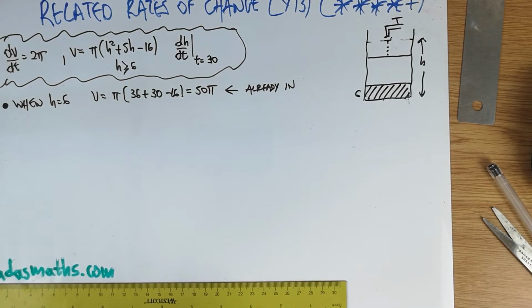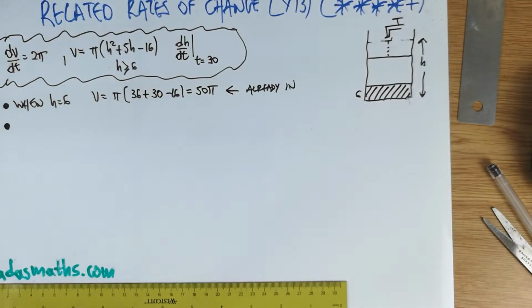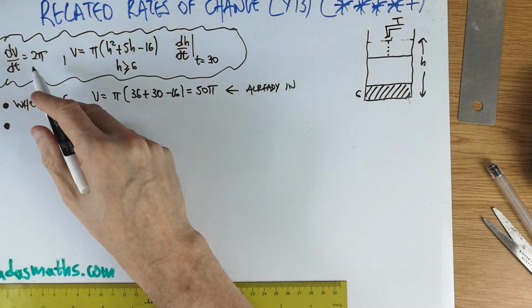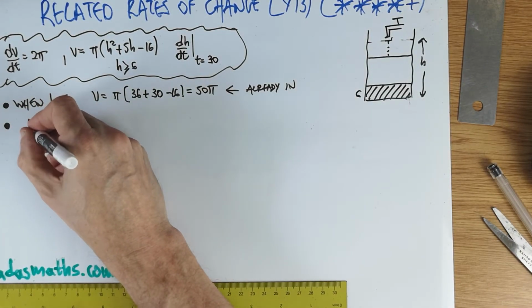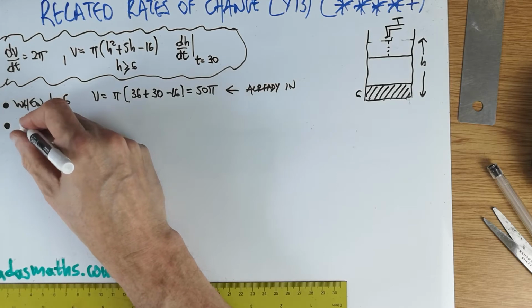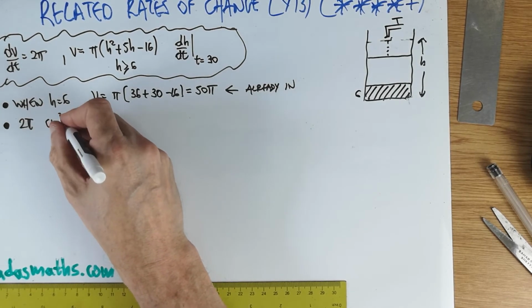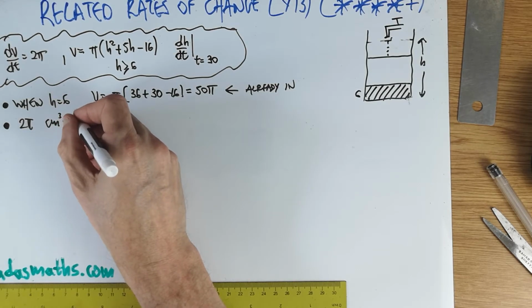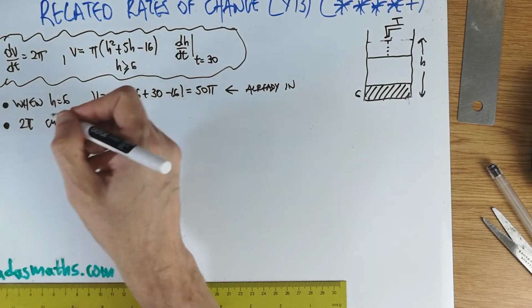The next thing is this 30. This 30 seconds has some significance. Water is going in at the constant rate, let me first write 2 pi centimeters cubed per second. That's how it was given, units of volume divided by units of time. What does that actually mean?